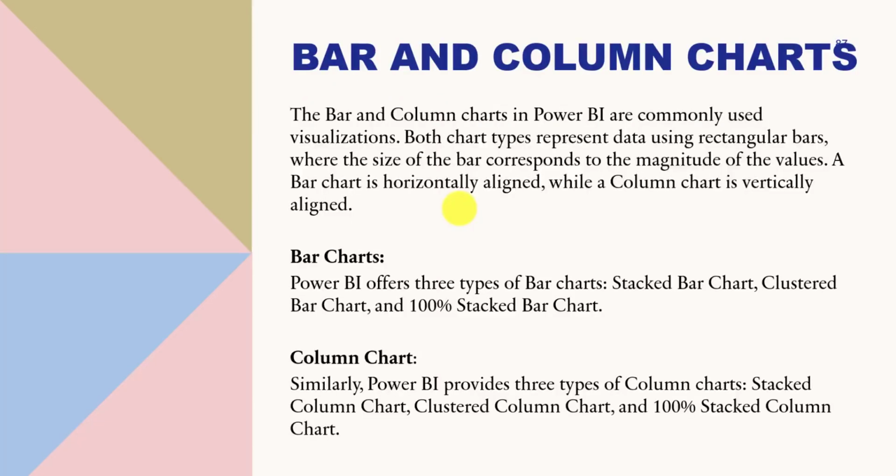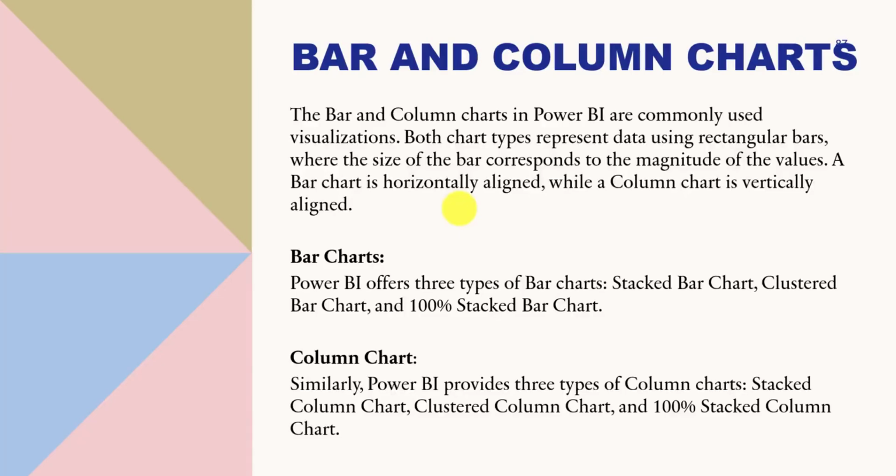Now let's start with bar and column chart visualization. So the bar and column chart in Power BI are commonly used visualizations. Both chart types represent the data using rectangular bars where the size of the bar corresponds to the magnitude of the values.